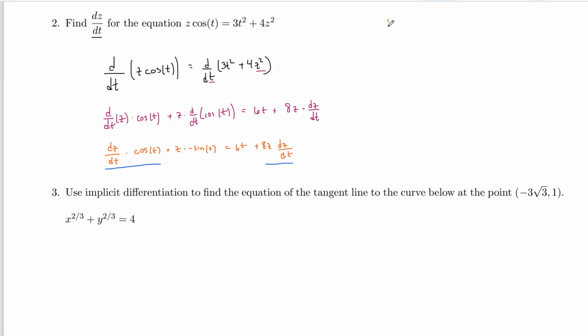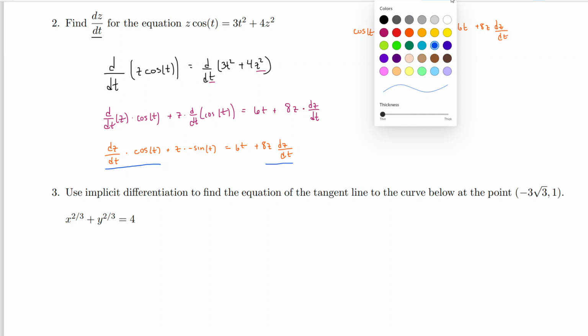I have on the left dz over dt times cosine of t. Now, if you want, a lot of people like to put it in front, which is fine. So cosine of t times dz over dt, and then plus z times negative sine would be negative z sine of t, equals 6t plus 8z times dz over dt.